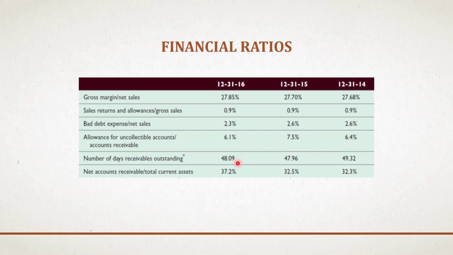This is the number of sales receivable outstanding. By right the answer is in days, 48 days for the sales to be translated into cash, or collection. This is where you should compare against the credit terms given to the client.